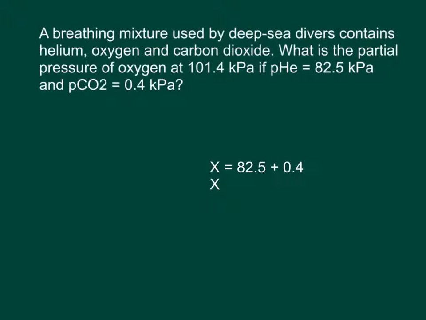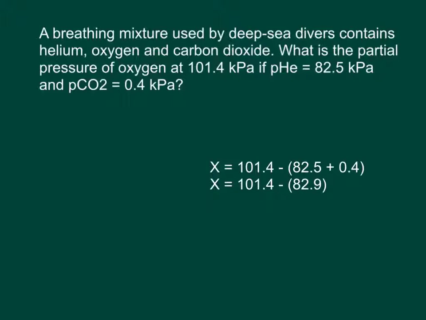And so we're going to do that. That's going to be subtracted from 101.4 in order to get x, which is our partial pressure of oxygen. So 101.4, and then we're going to add what's in the parentheses together. So that will be 82.9.